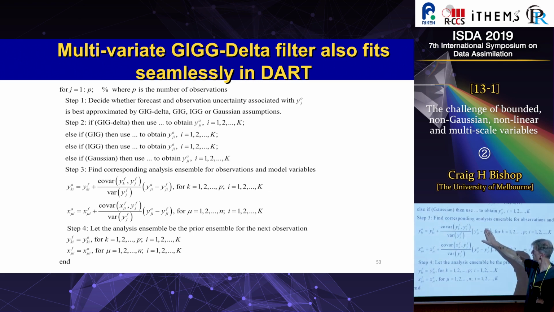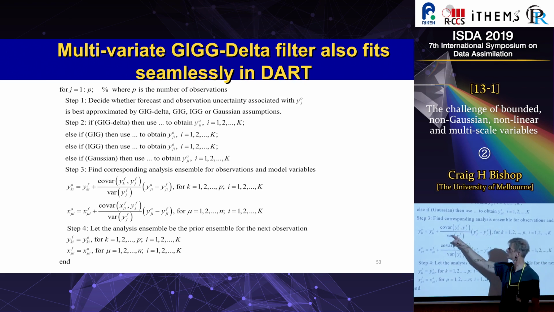All my forecast members would be 0, but this GIGG is going to give me an analysis distribution that will be a gamma PDF of rainfall rates here. So this bit in observation space is fine. But how am I going to do this regression? This is a regression between rainfall and the different ensemble members. I don't have any ensemble members that have rain. So how do I regress to the other observations? How do I regress to the model space?